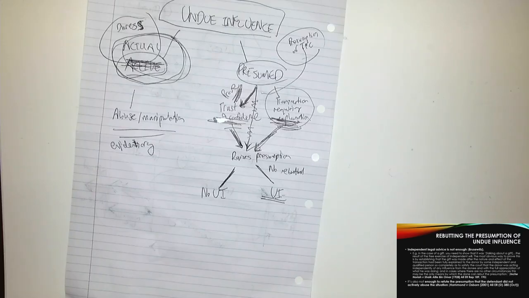And what's curious is that undue influence can apply to gifts as well as contracts for which there was consideration. So one of the situations is, imagine nursing homes, right?